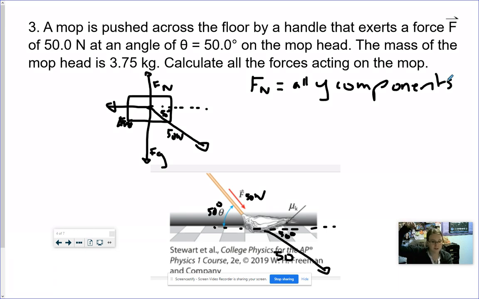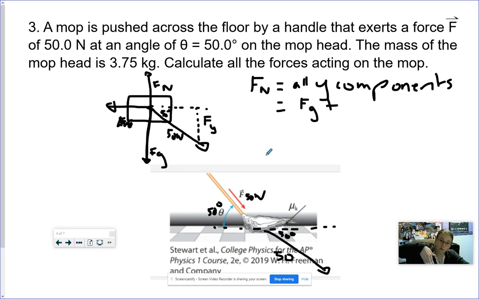So in order for the mop to not go through the floor, the floor has to act upward with greater force. So I have two y components. I have the force of gravity, and I have this applied force in the y direction.